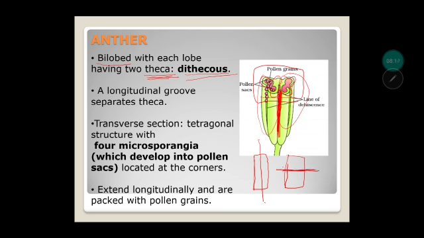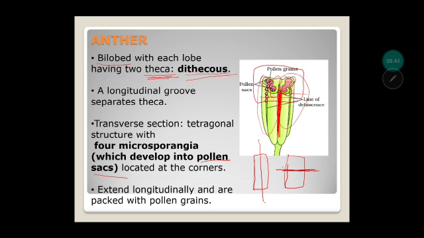If we see the transverse section, it is a tetragonal structure. Tetragonal means you can see over here, 1, 2, 3, 4 parts are there. In these 4 parts, what is present? 4 microsporangia. These are structures which will further develop into pollen sacs. And what are the pollen sacs going to have? They are going to have pollen grains.